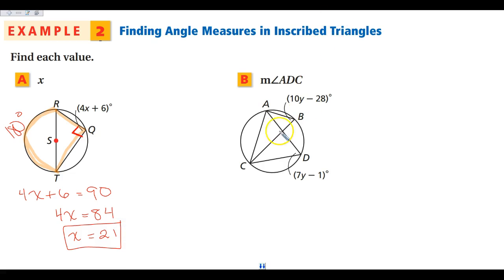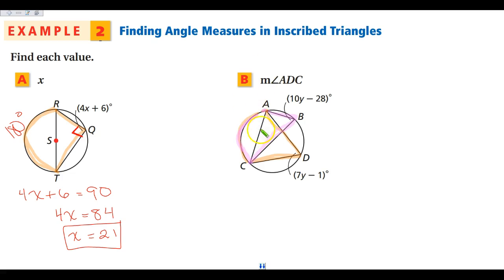All right. Then from here, I want to find the measure of angle ADC. So ADC is going to intercept arc AC. Well, I don't have any information here, so let's look and see what other information I know. I see that angle ABC is also going to hit arc AC. A little crazy.